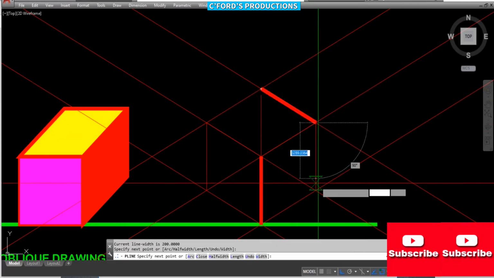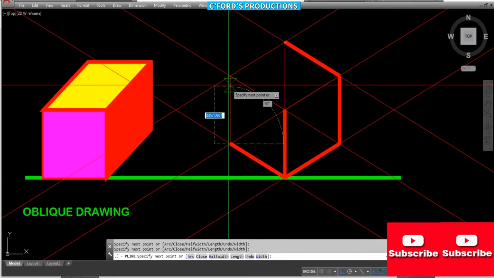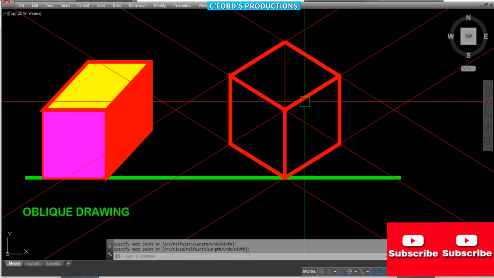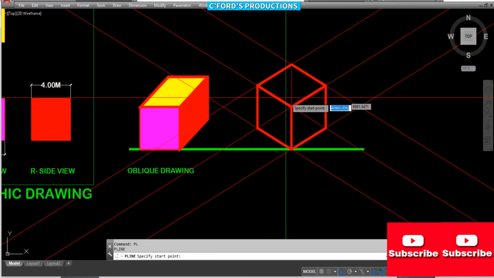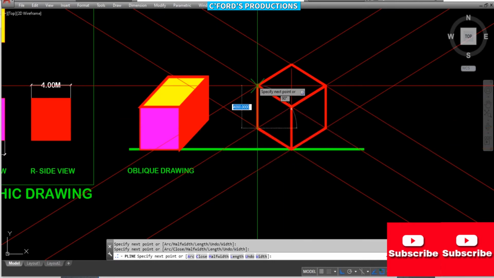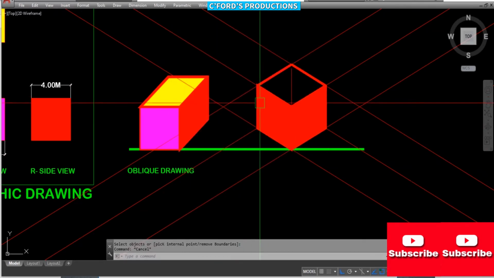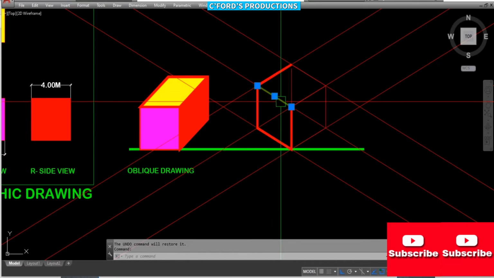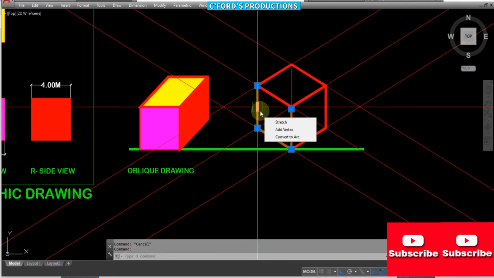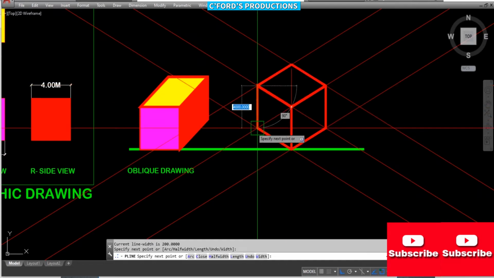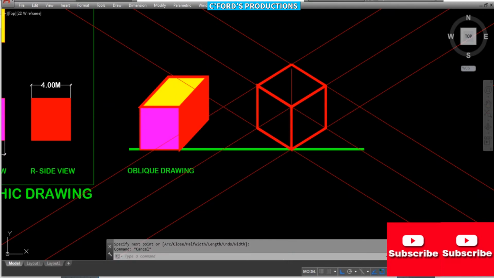So we'll trace the outline, then also we'll put a color. So this area is the front view.